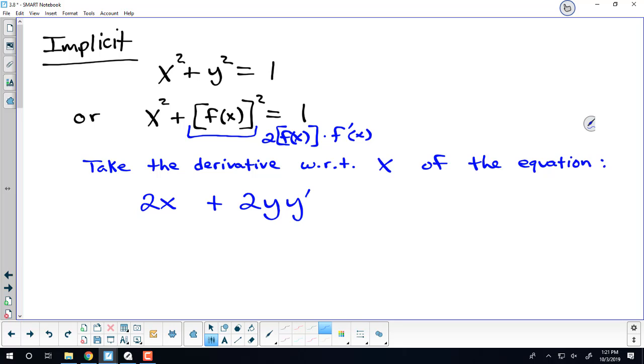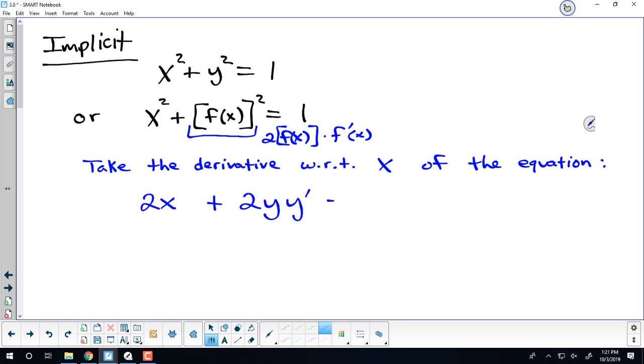As you take the derivative implicitly, you think about taking the derivative of things that involve y as you normally would, but then you always have to multiply by y prime. That's really the only addition we have here. It's oversimplified when we say it that way, but in practice that's how it comes out. Take the derivative as you normally would, and then multiply by y prime anytime a y is involved.